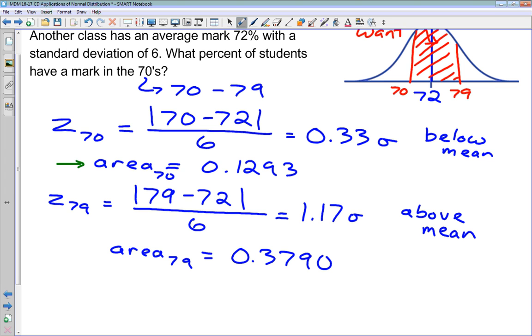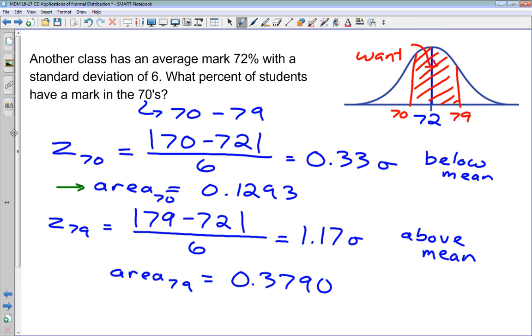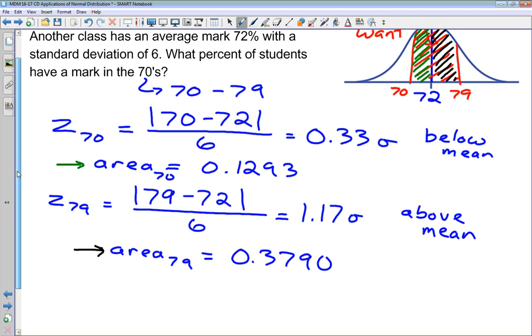Our z-score of 70 tells us the area between the mean and our value of 70, so this green area in here. Our z-score of 79 gives us an area of 0.3790. That represents the area between the mean and our value of 79, so this black area in here. If our total area is between those two red bars, we want to add those two areas together.